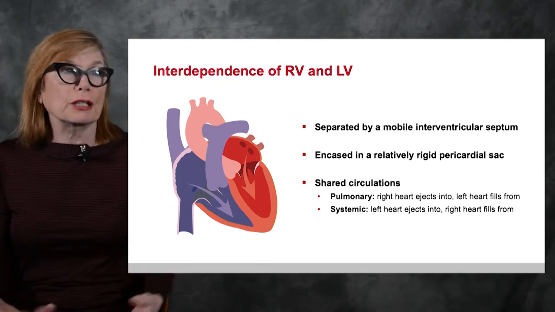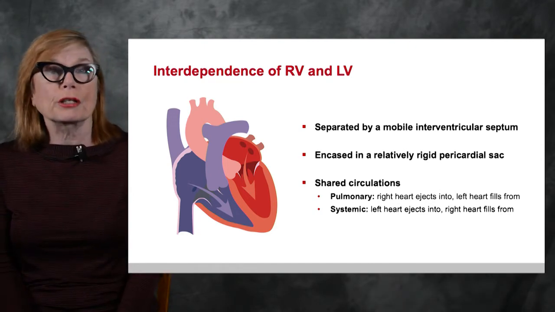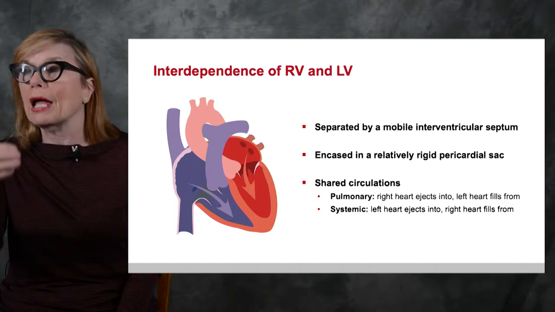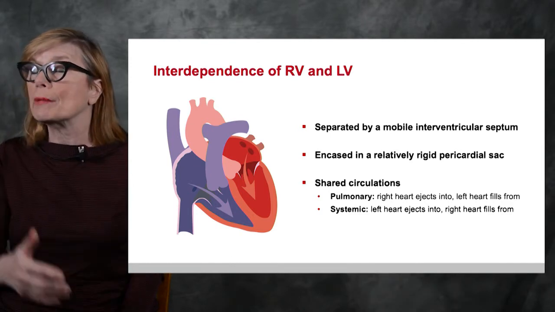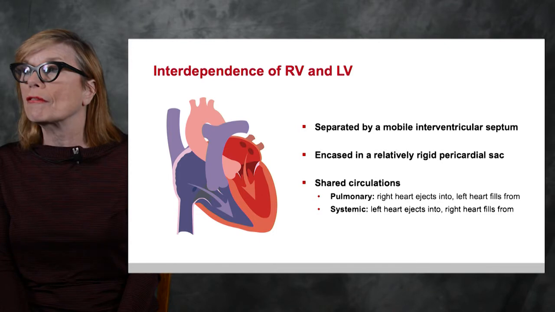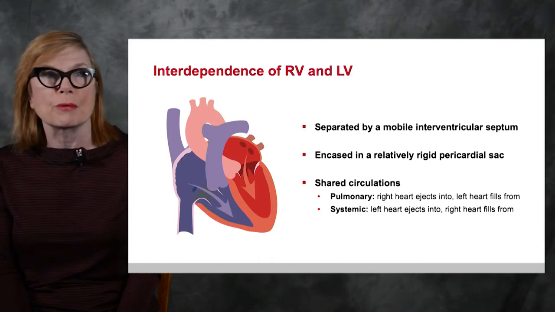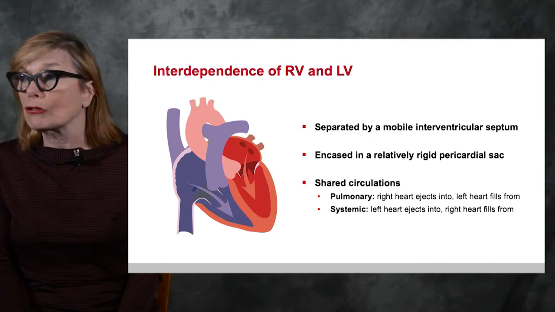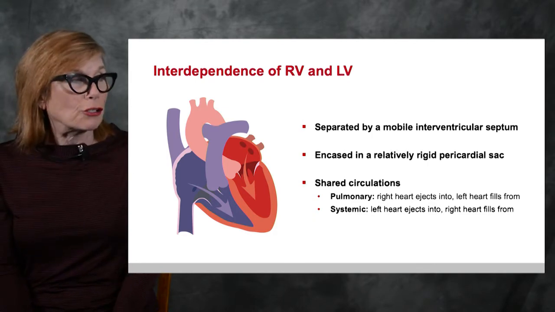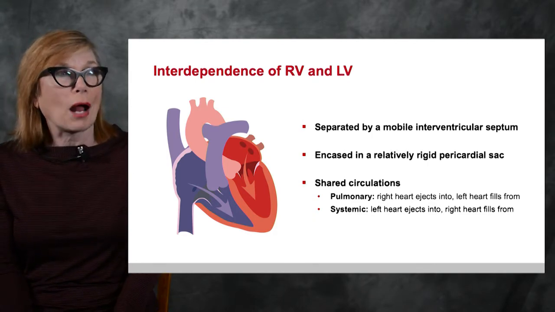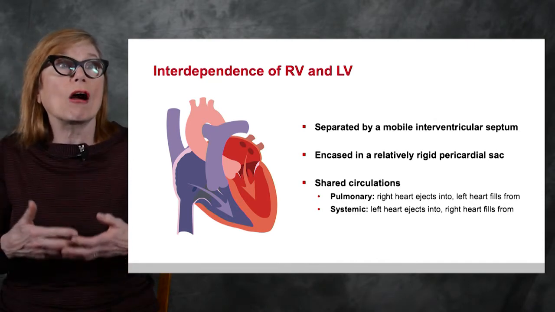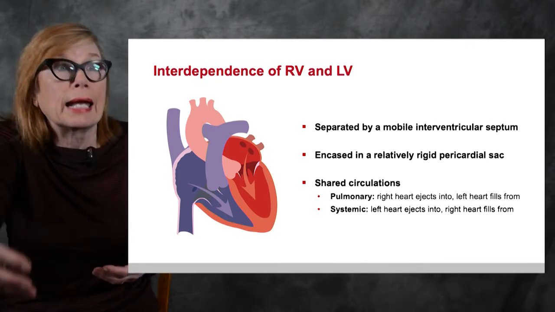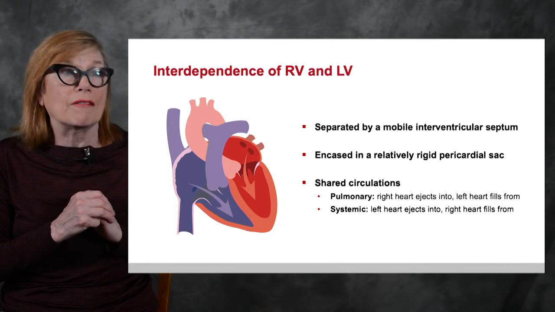And shared circulation. Pulmonary circulation from right heart to left heart. Right heart ejects into the pulmonary circulation, left heart fills from the pulmonary circulation. Left heart ejects into the systemic circulation, and the systemic circulation fills the right heart. So whatever the right heart does, it will ultimately mobilize towards filling of the left heart.